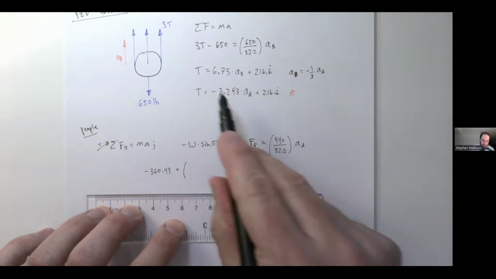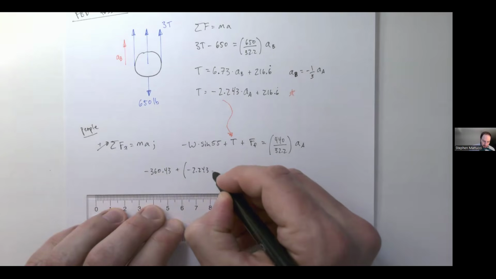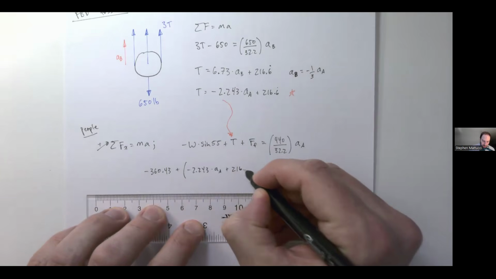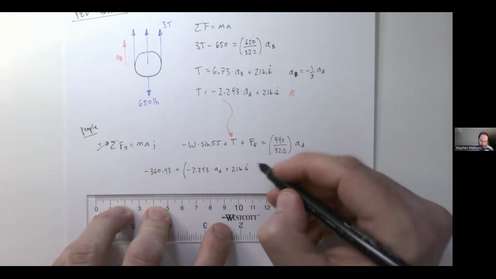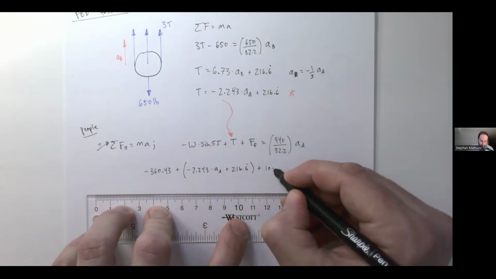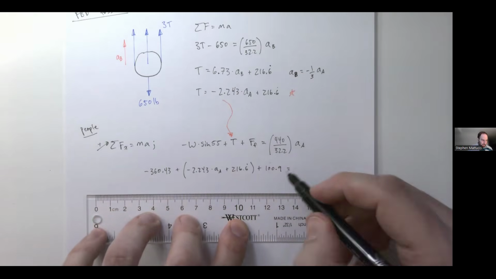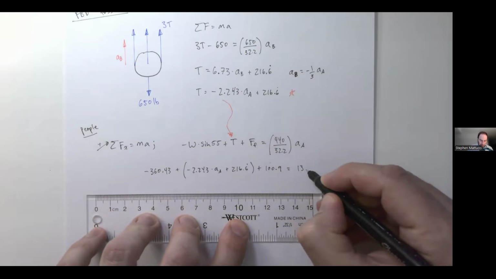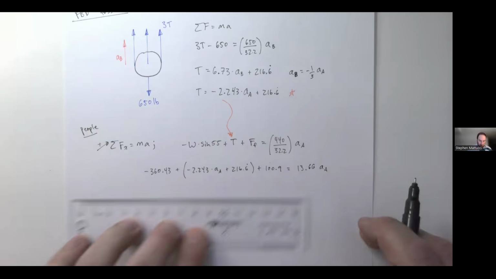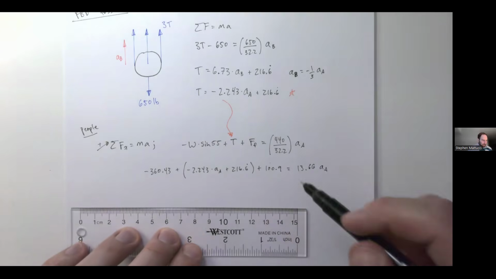Plus, we're going to sub in this value for T, negative 2.243 acceleration of A plus 216.6, plus the force of friction we saw before, 100.9. I think I rounded it up before. Oh well. Plus 13.66 A. So now we've got all these numbers, and the only term we have here is acceleration.